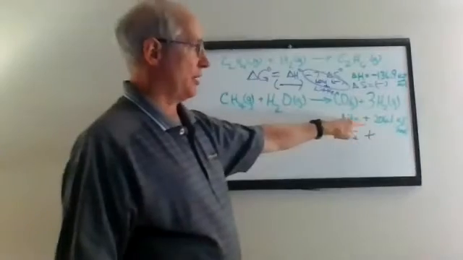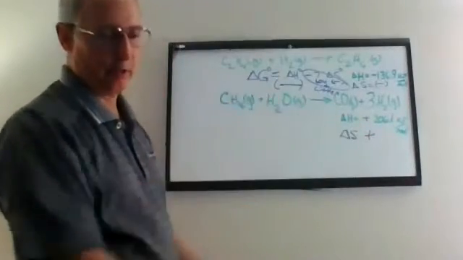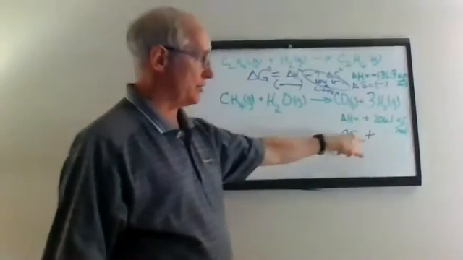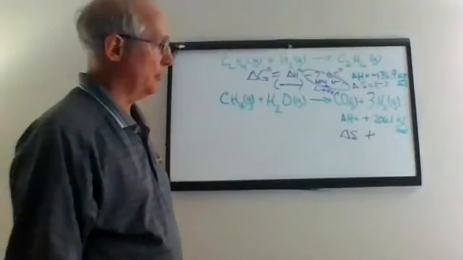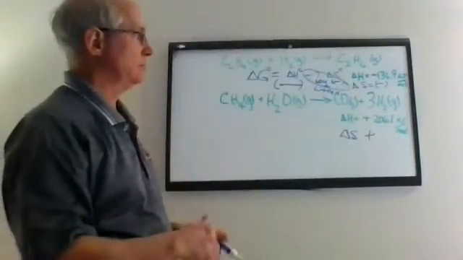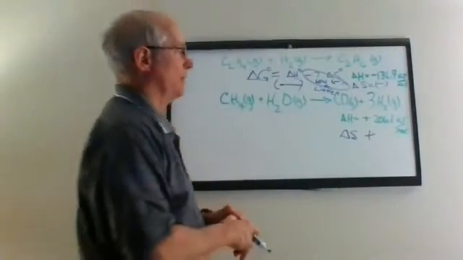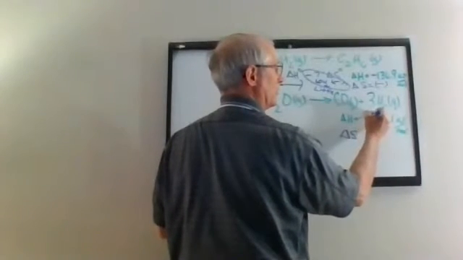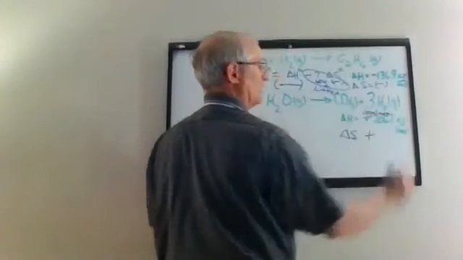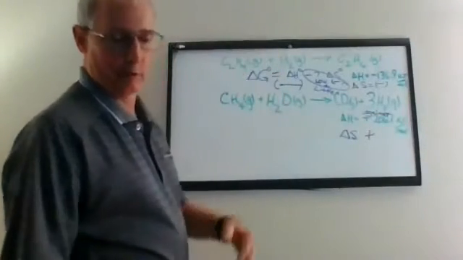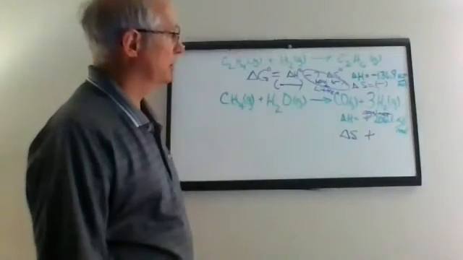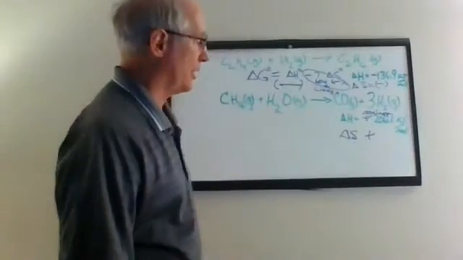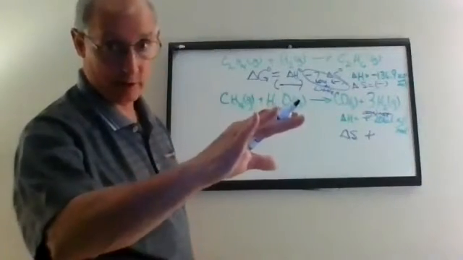Now, delta H is positive when you have to put heat in. It's endothermic. And delta S is positive when it becomes more random. And so this is working against spontaneous driving it towards the right at room temperature.